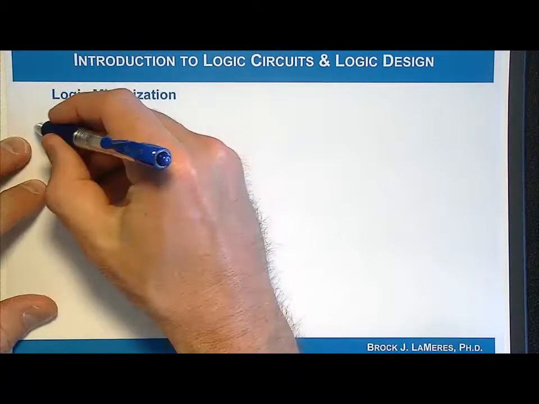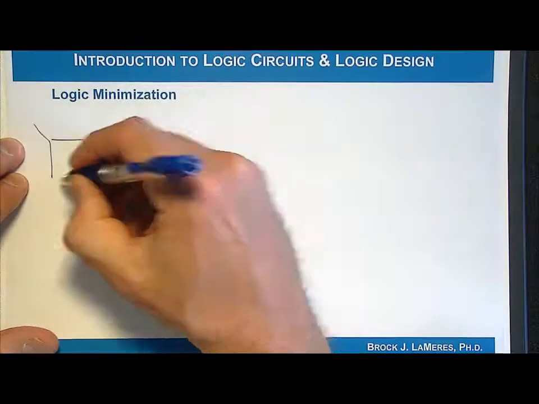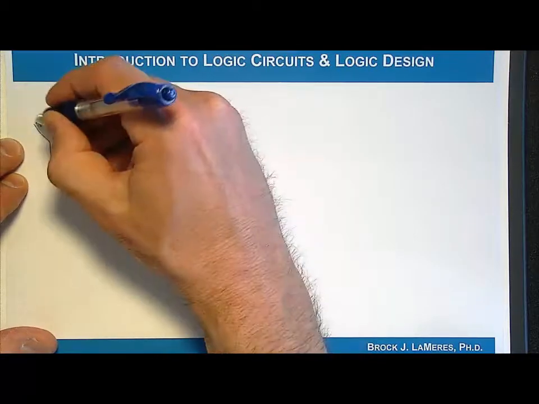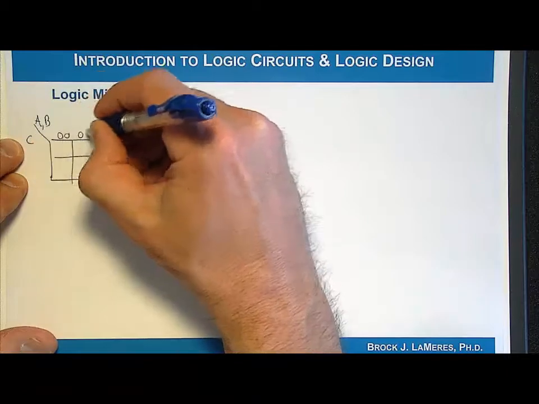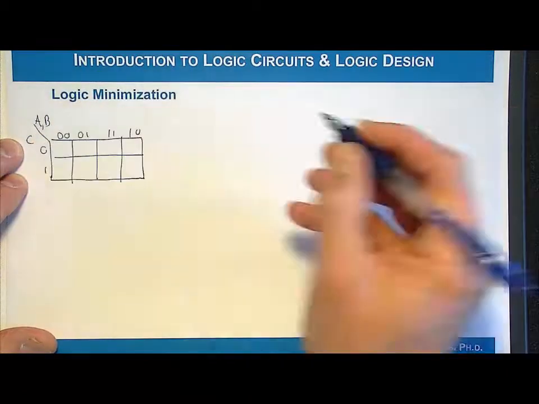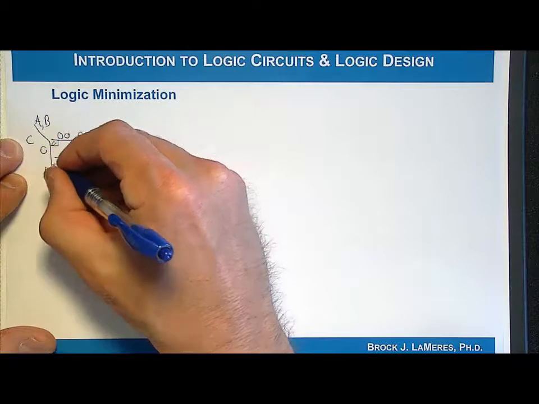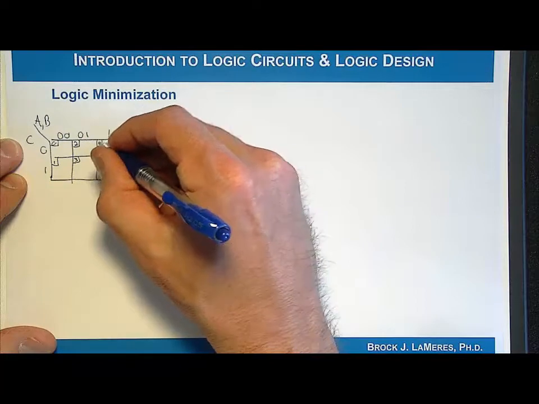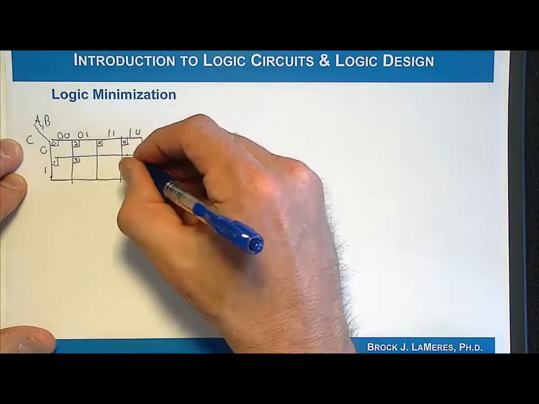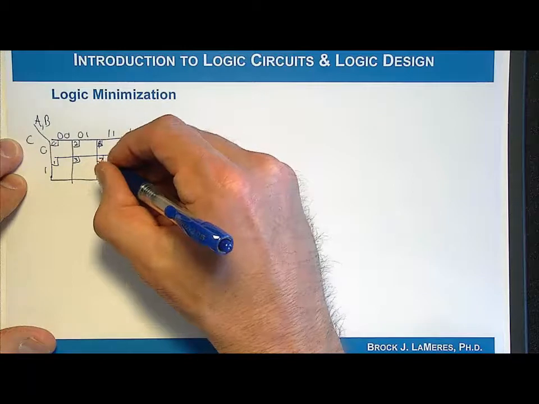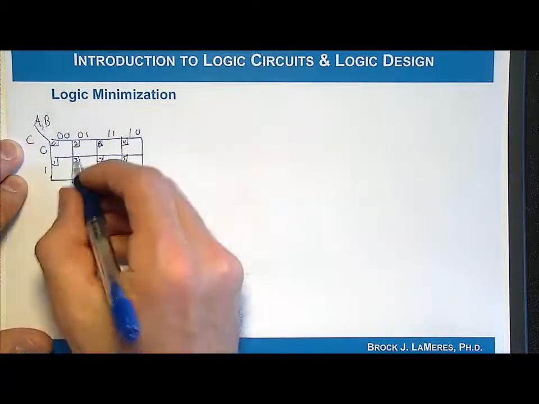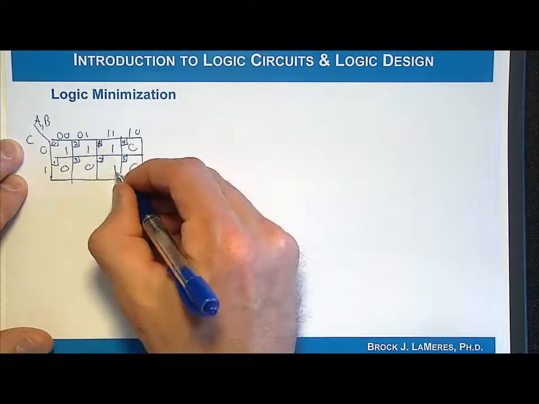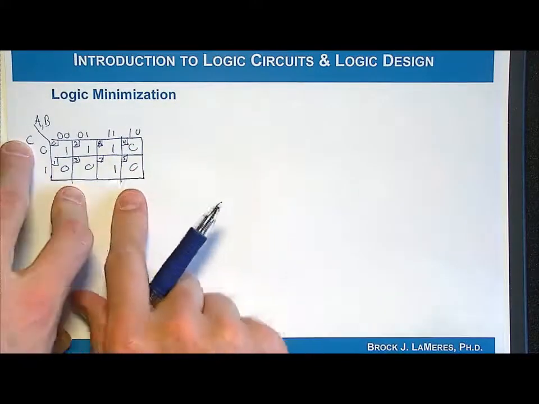So let's take our 3-input Kmap, where we had 8 cells, and the inputs were A and B and C. We had 0, 0, 0, 1, 1, 1, 1, 0 along one axis, and 0 and 1 along the other. The cells were 0, 1, 2, 3, and 4, 5, you've got to be careful, and then 6 and 7. And let's say we had these outputs: 1, 0, 1, 0, 0, 0, 1, 1. So that's the Kmap as we start.